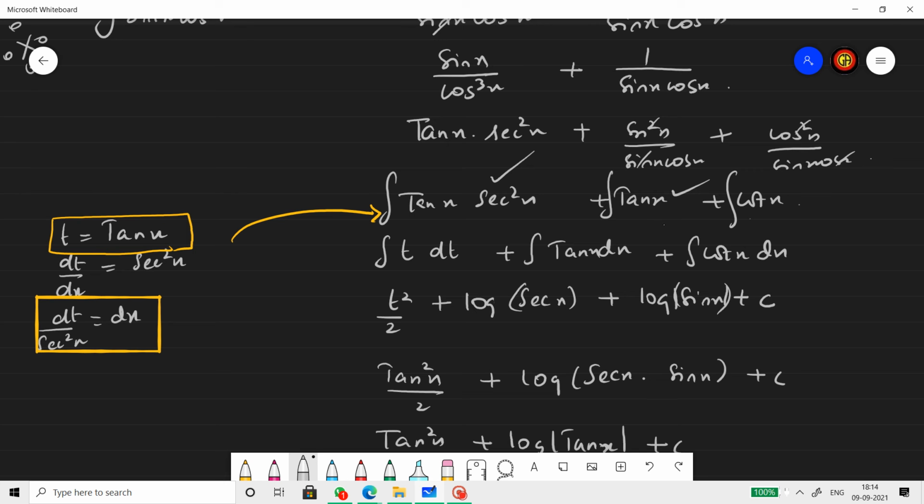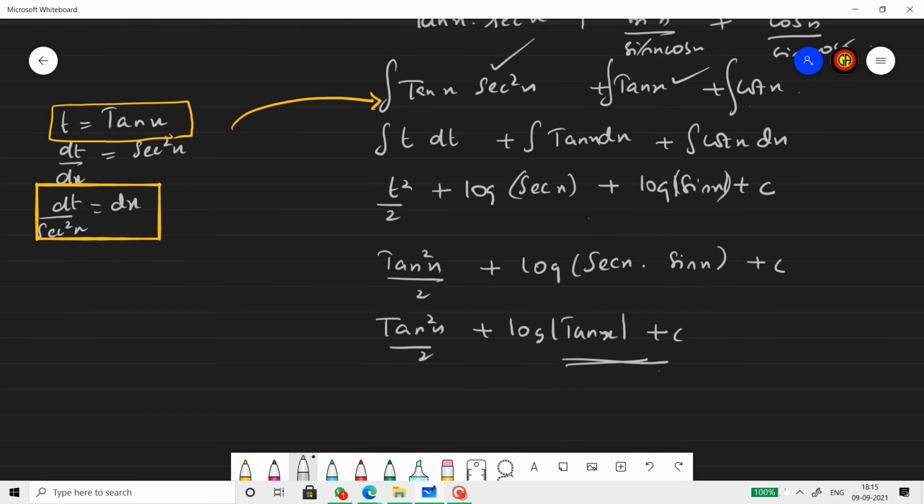Now just see whether all the terms can be integrated or not. The first one, if I choose to take t as tan x, the dt will cancel secant square x. So substitution method is followed only for the first integration. This is not applicable for the second one. Second one, we already know that integration of tan x is log sec x and integration of cot x is log sin x. Since the log terms are in the form of log a plus log b, this will become log ab.